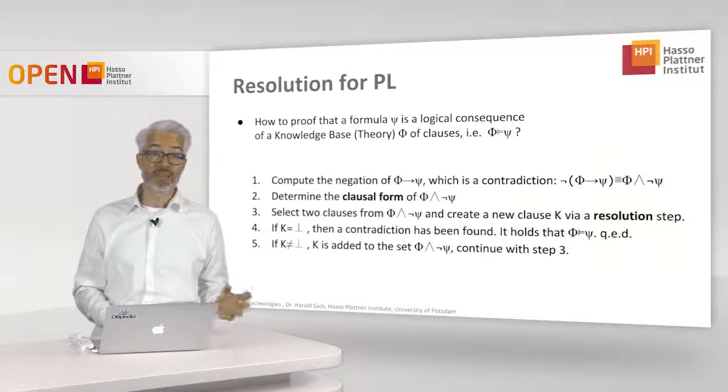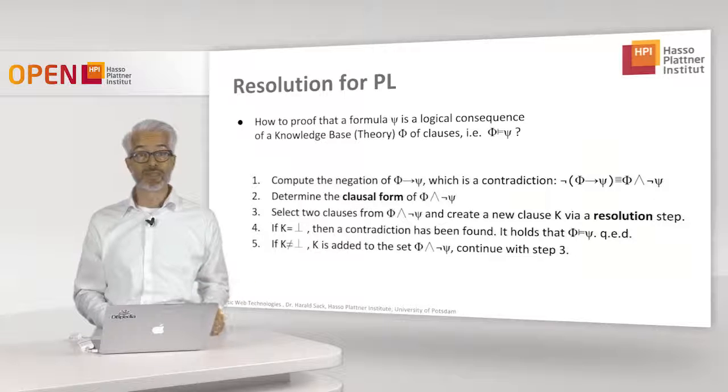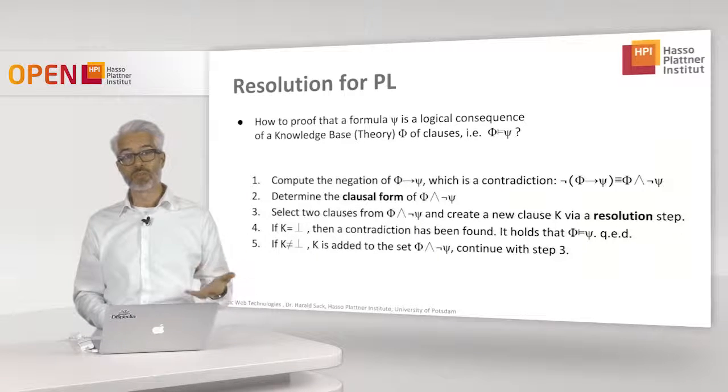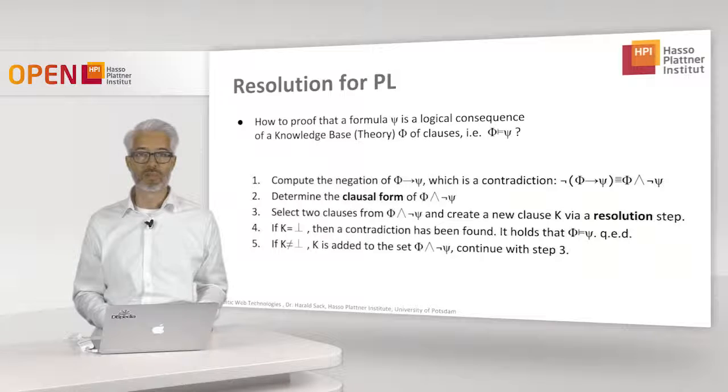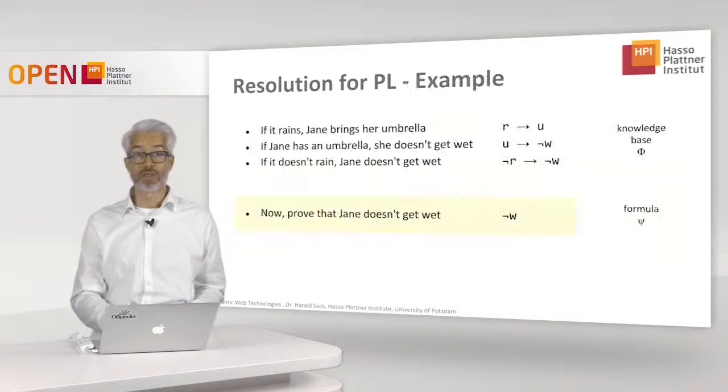On the other hand, if K is not empty, then K is added to the knowledge base, and we continue with step 3, which means we select new clauses. So this is the basic resolution algorithm for proving a logical consequence.